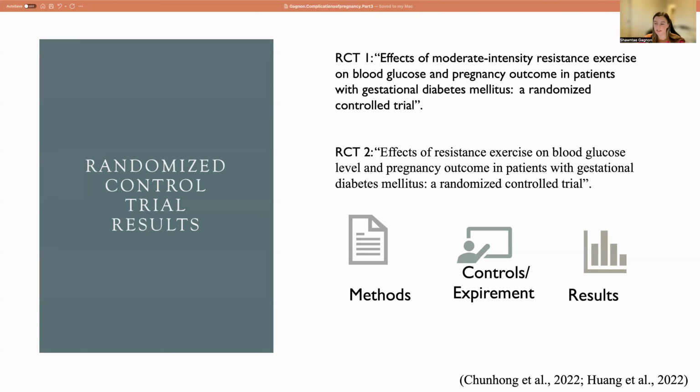They were both 50 to 60 minutes, 3 times a week for 6 weeks. And then people in both groups had a personalized dietary plan, online education, and school courses for pregnancy. And this trial found that the resistance exercise is more effective for blood glucose control and pregnancy outcome than aerobic exercise in women with GDM.